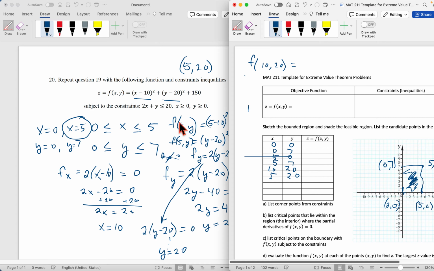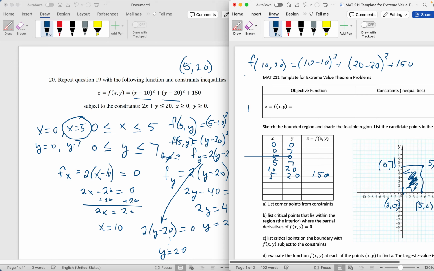So you plug in 10 for x, and it's going to make it nice. 10 minus 10 squared plus 20 minus 20 squared plus 150. We're just evaluating it at the point that we found. We get 0 plus 0 plus 150. So this z value is 150.